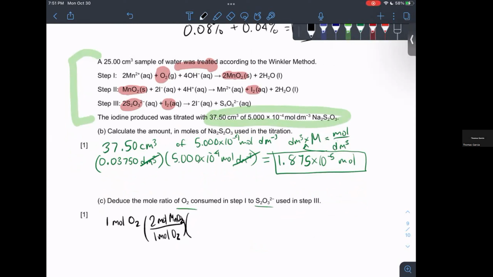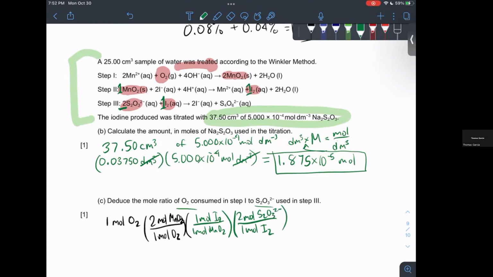Then I see that 1 mole of MnO2 produces 1 mole iodine. I see that 1 mole of iodine produces 2 mole S2O3 2-.